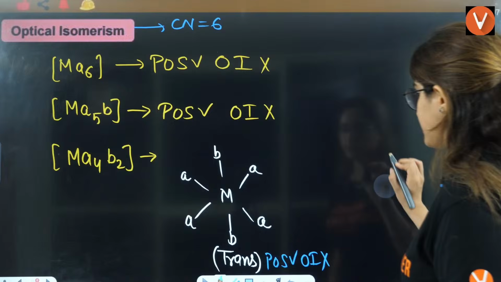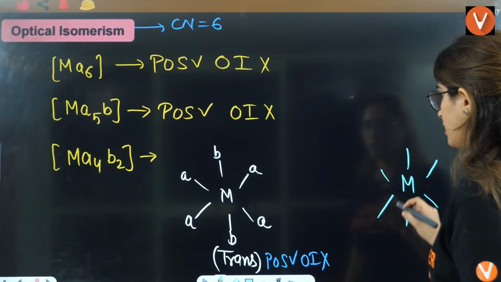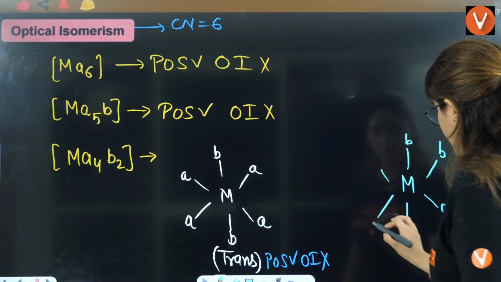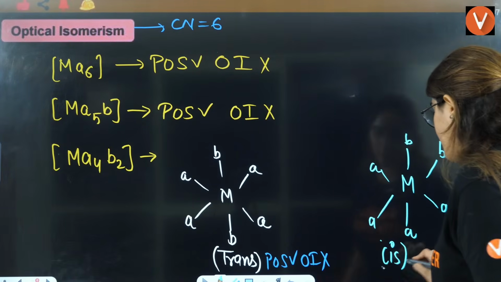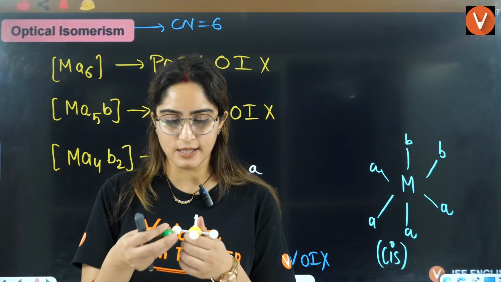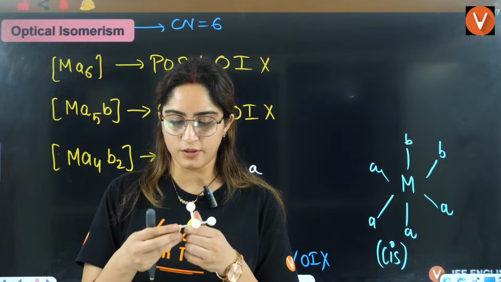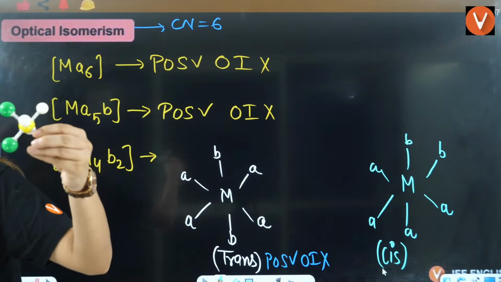Let's talk about cis. The 2 B's are next to each other. This is A, and this is cis. In this case, the B's will be next to each other. Can you see, is there any possibility here?